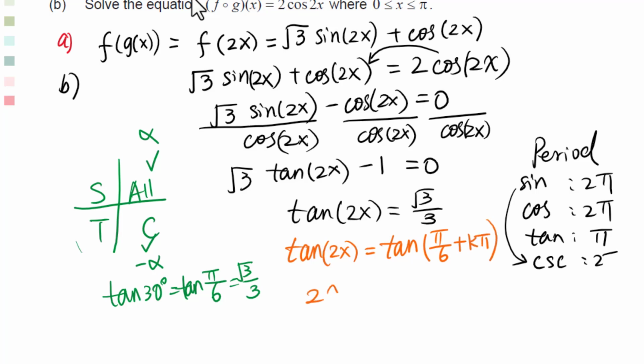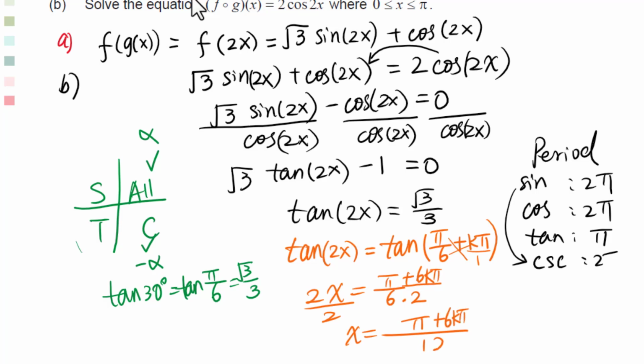Therefore, 2x equals, we will add these two together, pi plus 6k pi over 6, divided by 2 on both sides. x equals pi plus 6k pi over 12.